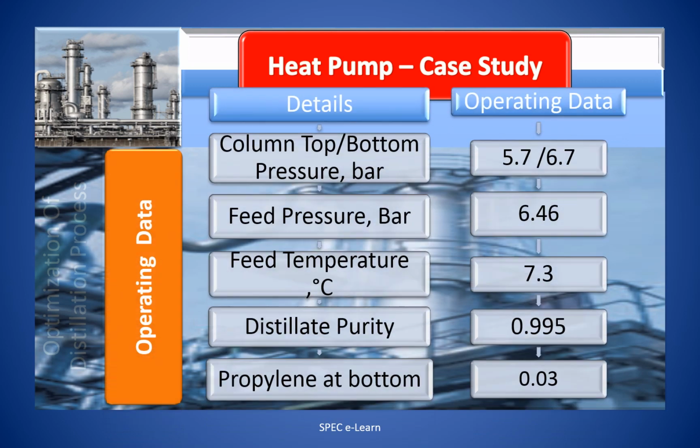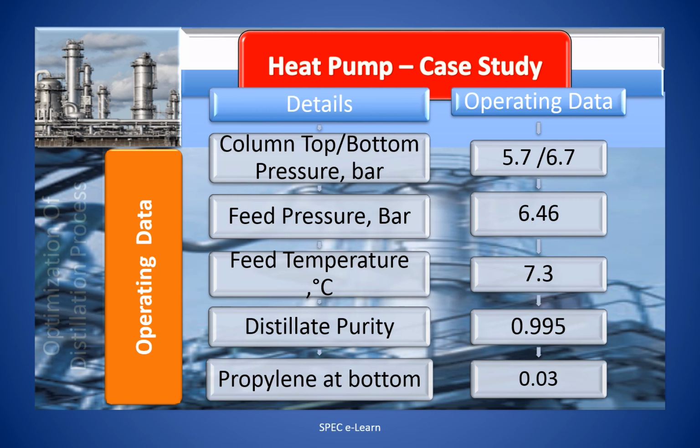Next, you define the specification for the column simulation. The operating data such as top pressure, column pressure drop or bottom pressure, and the feed temperature and pressures are specified. Other column specifications required for solving the flow sheet are distillate and bottom product specifications.